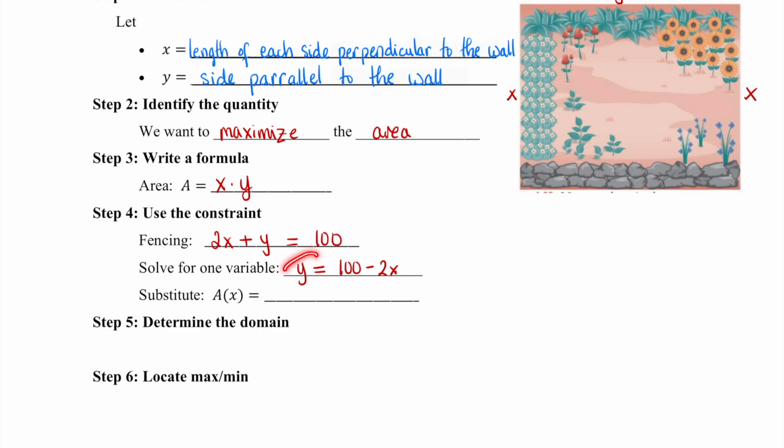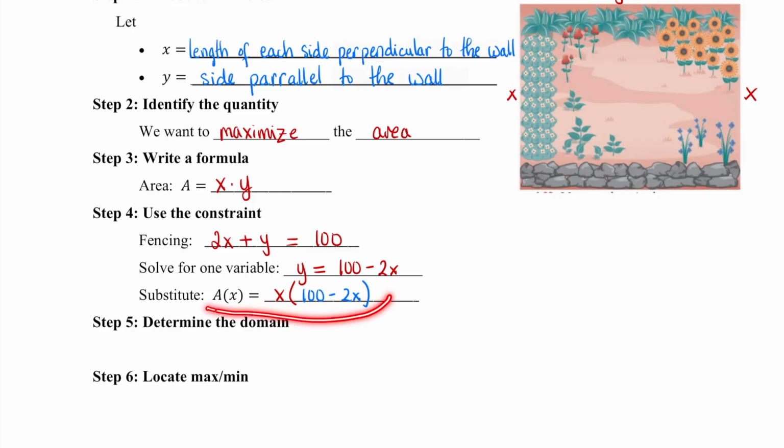Now we substitute this into the area formula. y equals 100 minus 2x, so I will replace y with 100 minus 2x. This is the area function, and this function depends on the variable x.